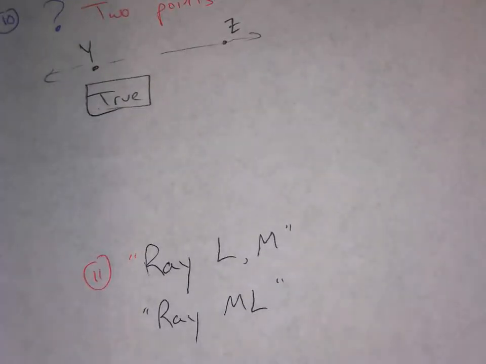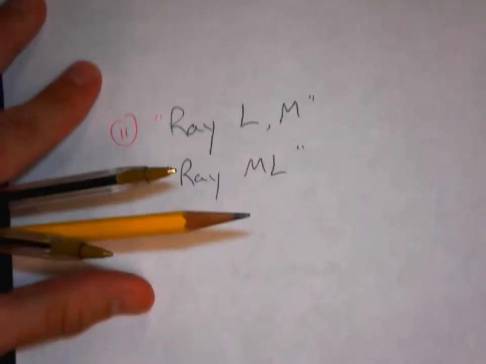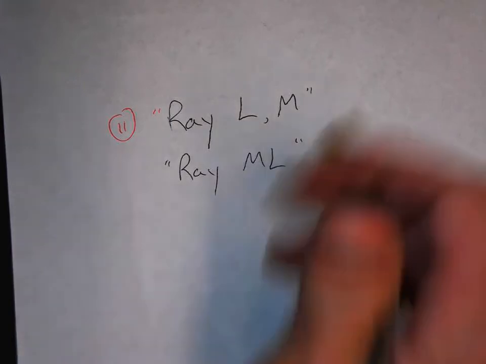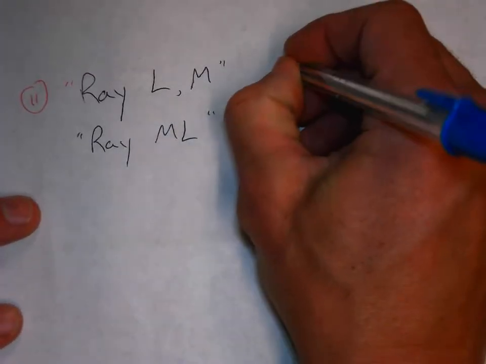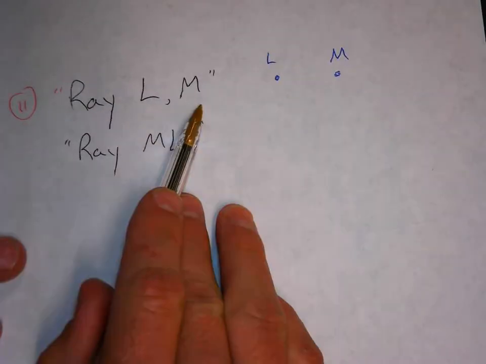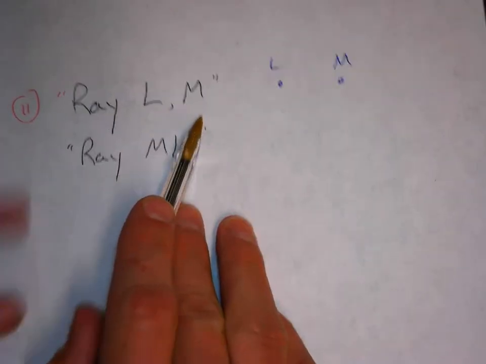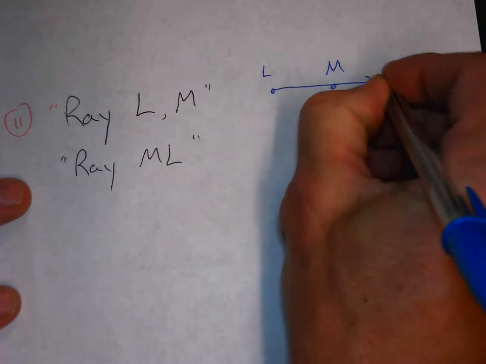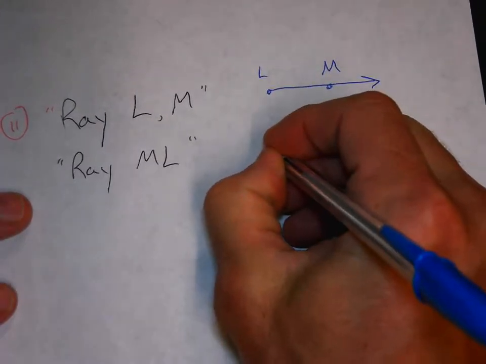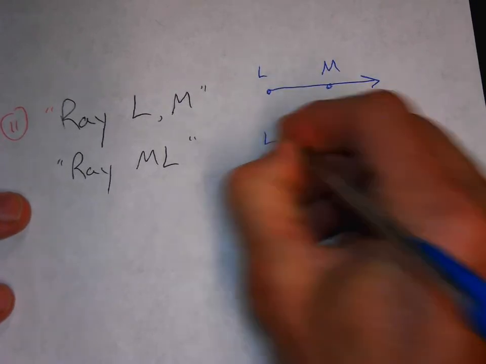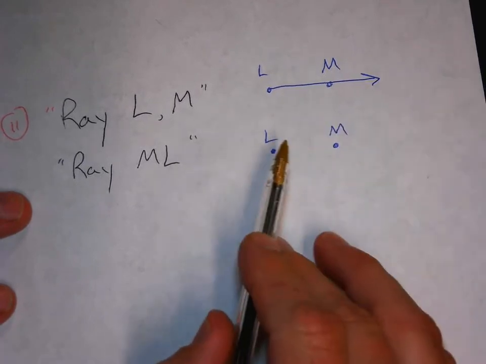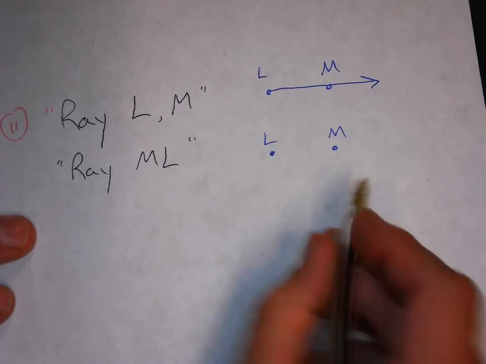Well, let's test some things out. Remember we had two things, Ray L M and Ray M L. We can actually draw Ray L M. Remember how we name rays? We have an L and an M. Ray L M looks like this. Ray M L, with the same 2 points, remember we read rays from the endpoint.